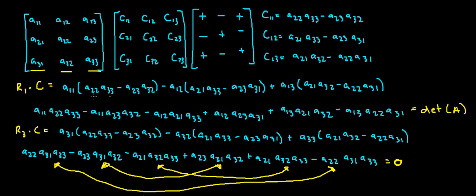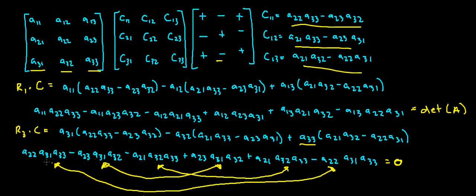So it's the exact same thing as this, multiplying by the different cofactors, except the third row. A31 multiplied by this, negative A32 multiplied by this, and then positive A33 multiplied by this.